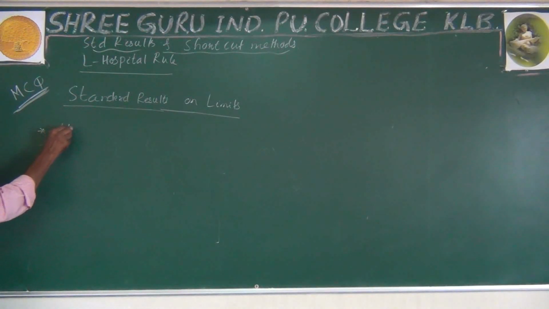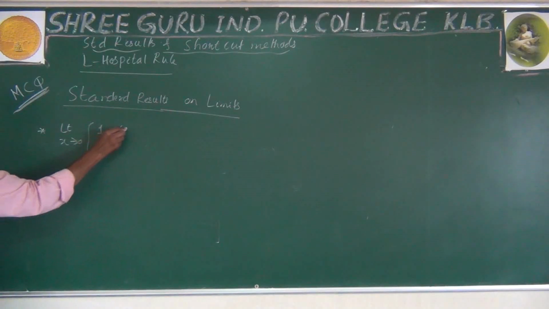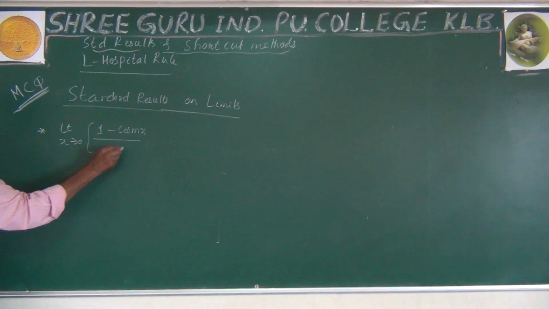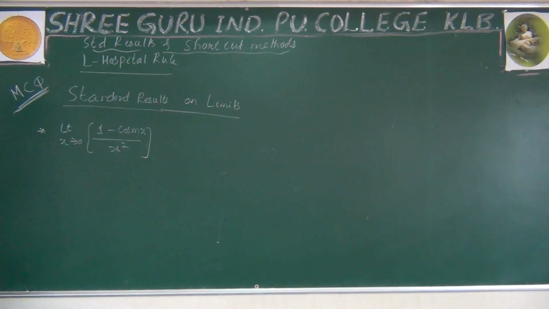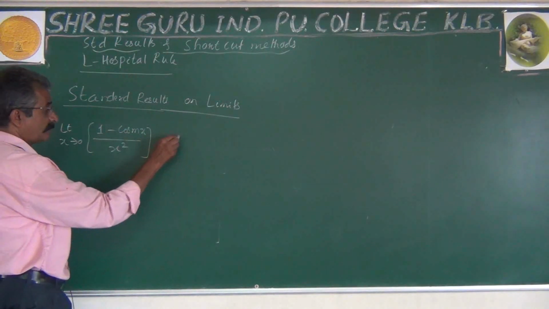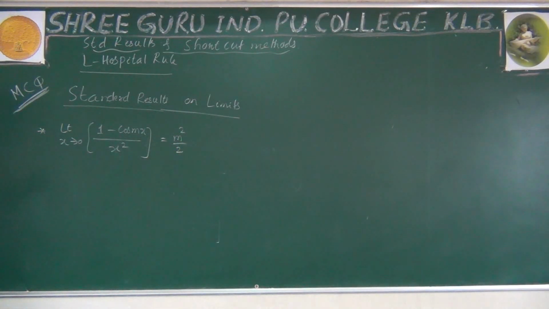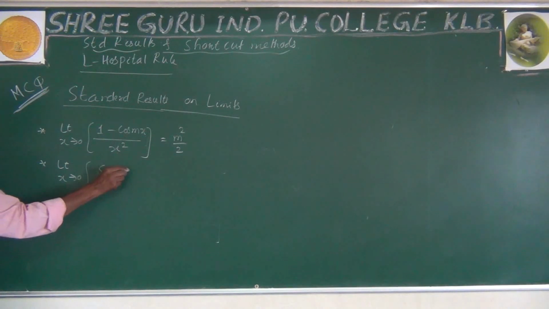First, you can mark it with a star: limit x tending to 0, 1 minus cos mx divided by x square. You remember it, its answer is always m square by 2. Next, limit x tending to 0, sin mx divided by x.